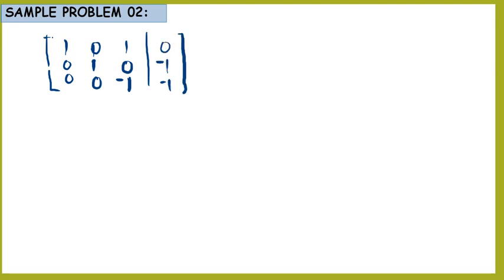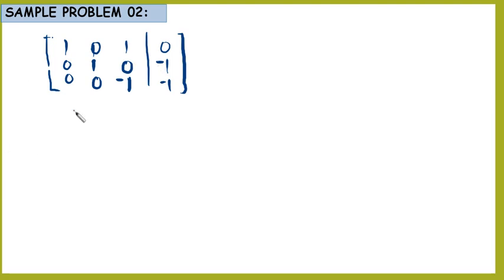So our matrix now is equal to, okay, that would now be our resulting matrix.